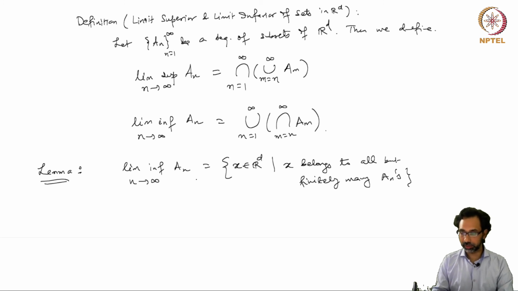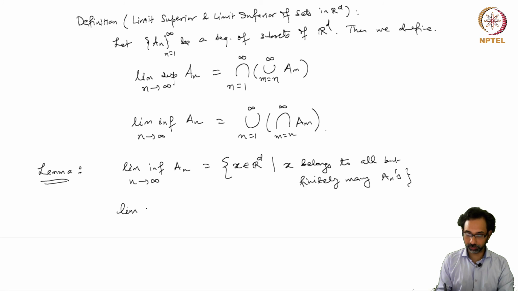So all but finitely many, meaning that there may be finitely many A_n's, say n1, n2 up to nk, for which x does not belong to those sets, but it belongs to all the other sets.